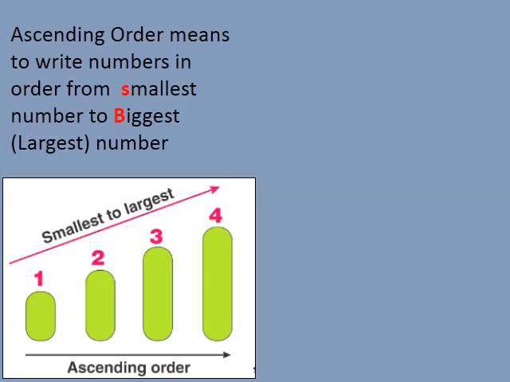That means ascending order means to write numbers in order from smallest number to biggest or the largest number given to you. So here if I tell you that I have the numbers 1, 2, 3 and 4 and they are in the ascending order, that means it starts from 1, which is the smallest number, and it ends at 4, which is the largest number or the biggest number in the group.